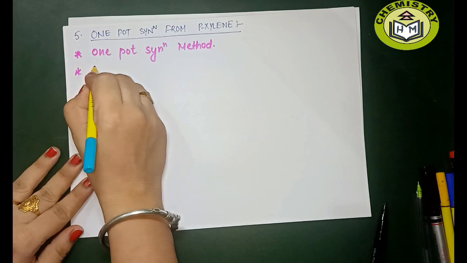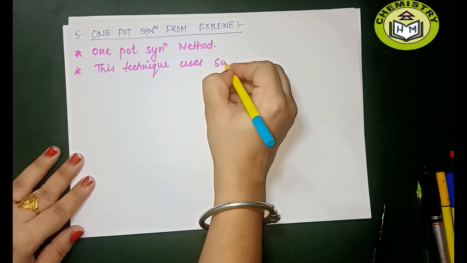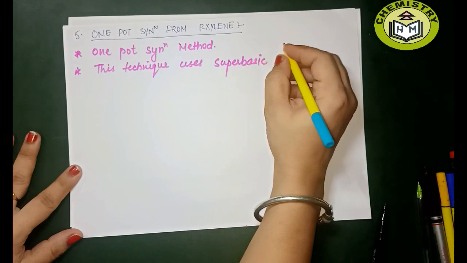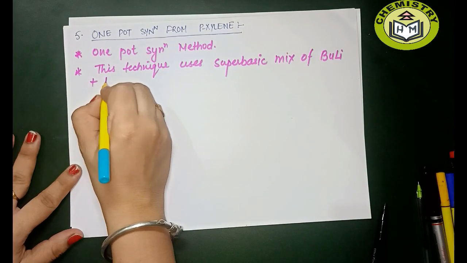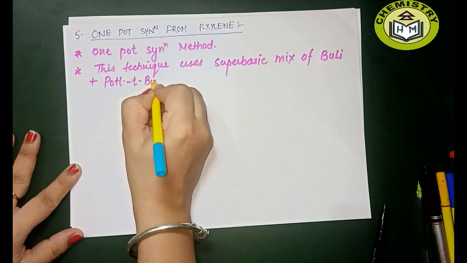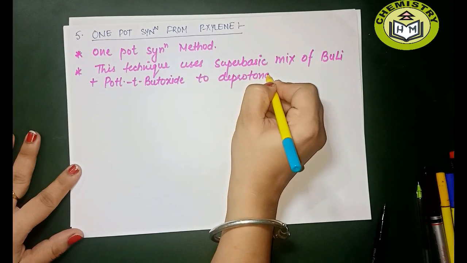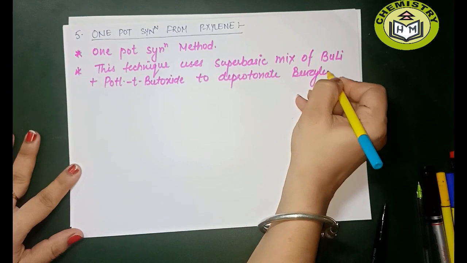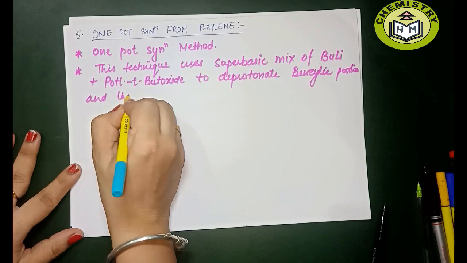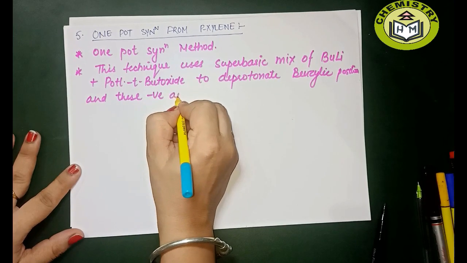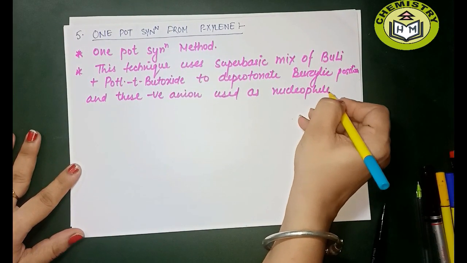This technique uses a super basic mixture of butyl lithium and potassium tertiary butoxide to deprotonate the benzylic position, and this negative anion is used as a nucleophile, right.